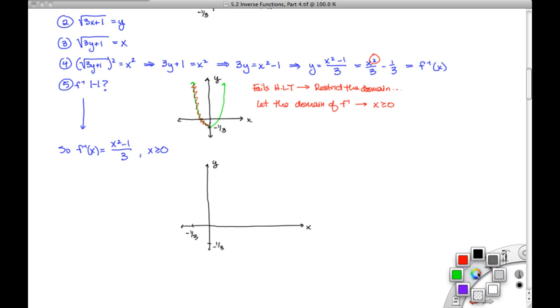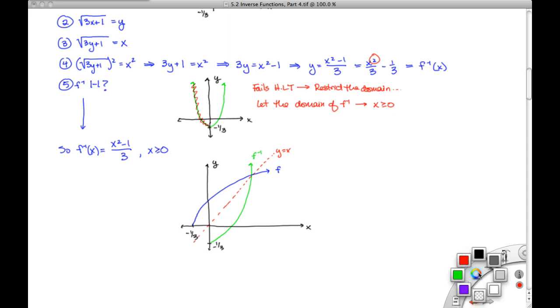If we graph f, our original function, the square root of 3x plus 1, we get something like this. And if we graph f inverse, which we've restricted now, we get something that looks like this. Both of these are symmetric across the line y equals x.